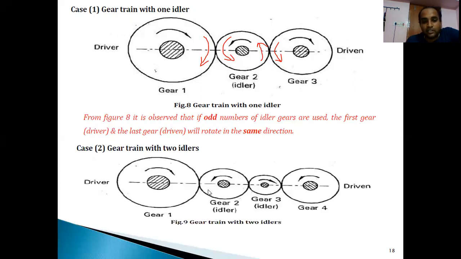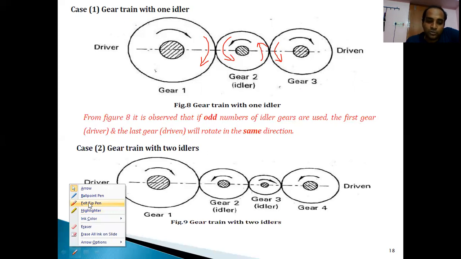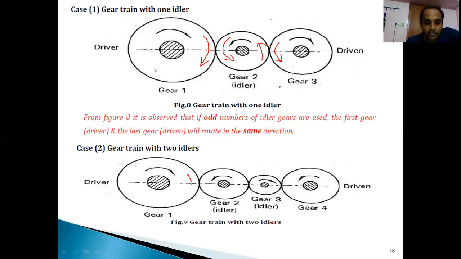See, here in this picture, we have 2 idler gears between the driver gear and the driven gear. Here the driver gear, gear 1, rotates clockwise, and gear 2 anti-clockwise.